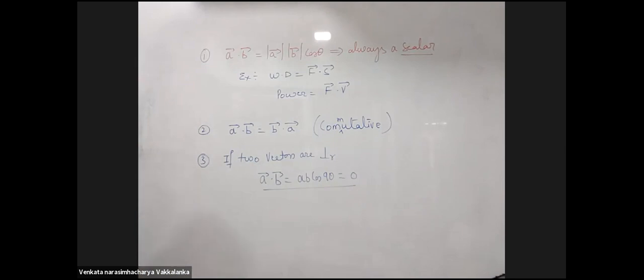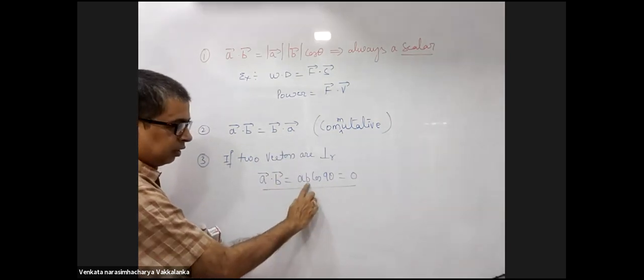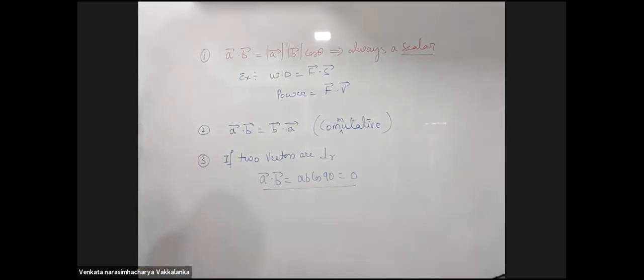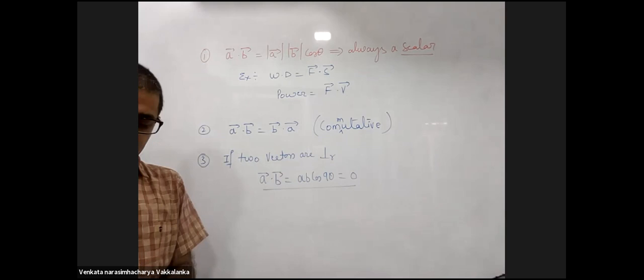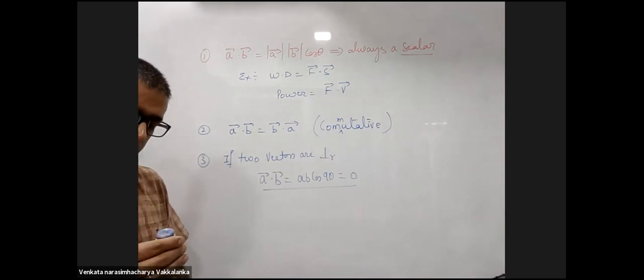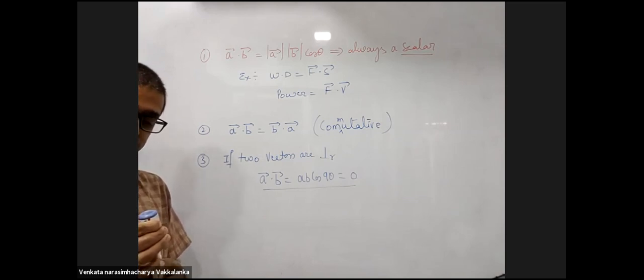If the dot product is 0 and the two vectors themselves are not 0, then the 0 is because of cos theta. Cos theta is 0 implies theta is 90 degrees. If two vectors are mutually perpendicular, then the dot product will always be 0. This is the confirmatory test for us whenever we want to verify if two vectors are perpendicular.